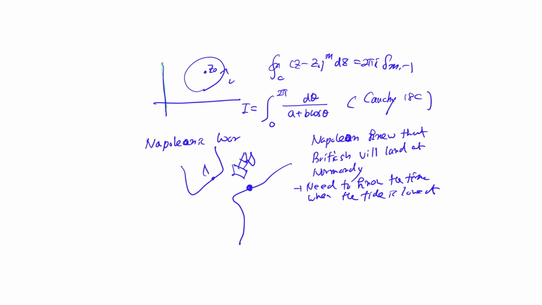So this is point A, this is point B. Then the tidal force is proportional to 1 over R1 minus R2 squared, where there is the moon. So this is R1, this is R2, and this is theta.